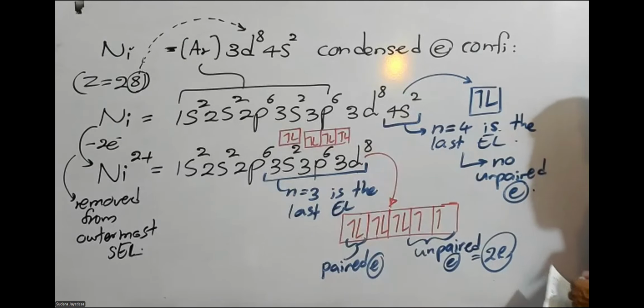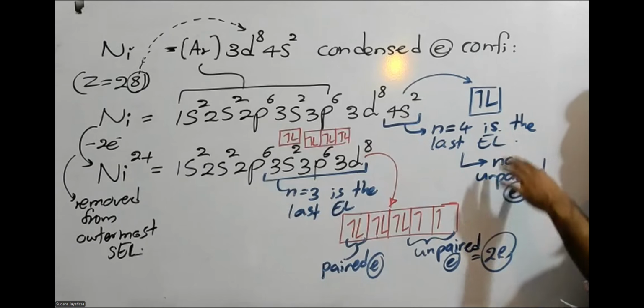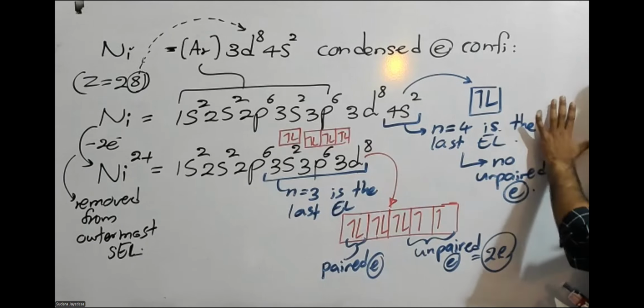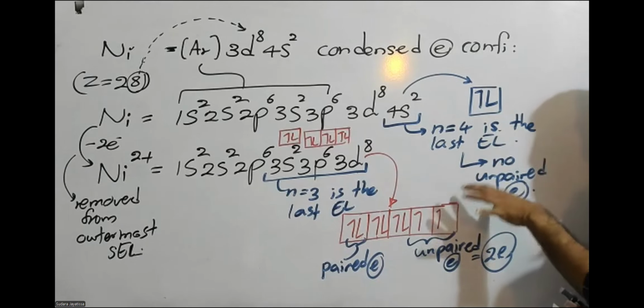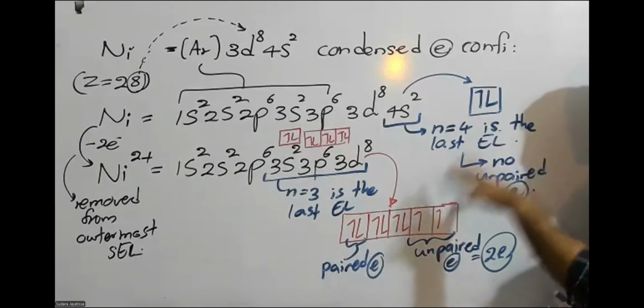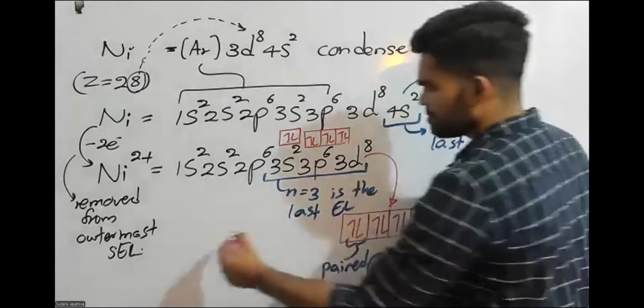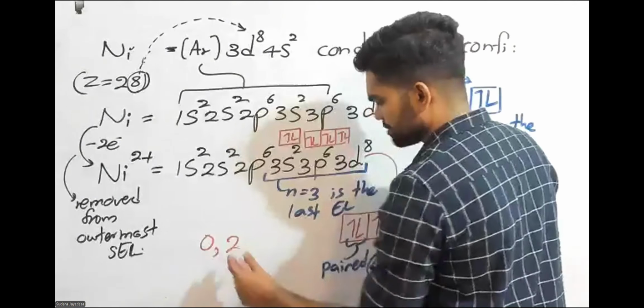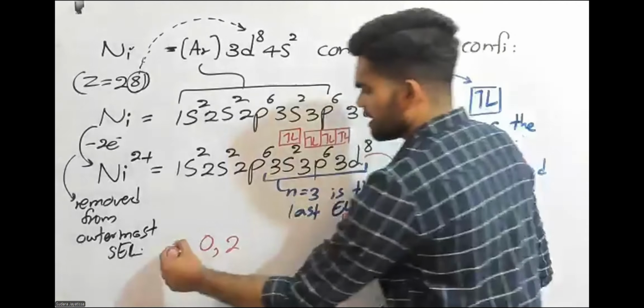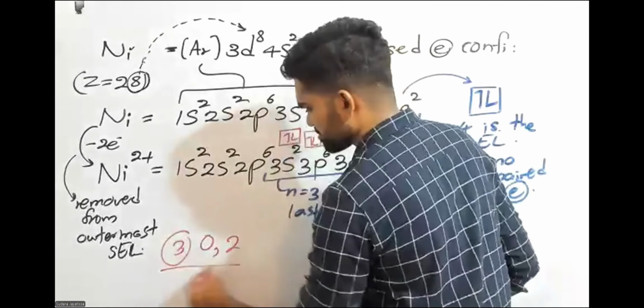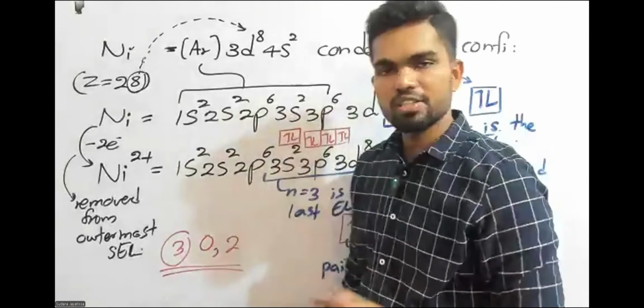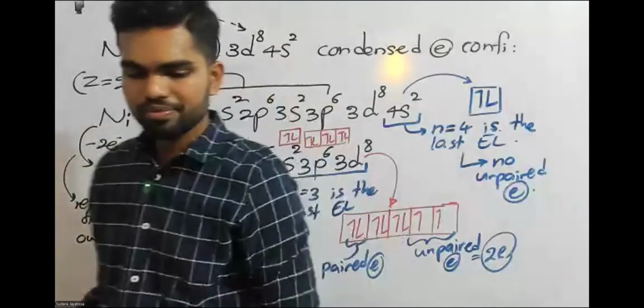So what should be the answer? At first you don't have any unpaired electrons in the last energy level, and when you get nickel 2 plus, then you have 2 unpaired electrons. So your answer should be 0, 2. Answer is answer 3. Understood that one? Is that clear? Okay.